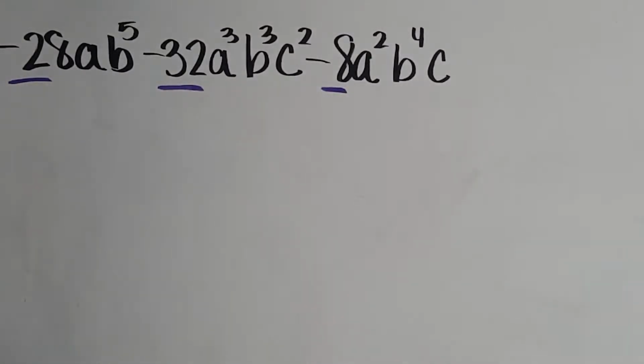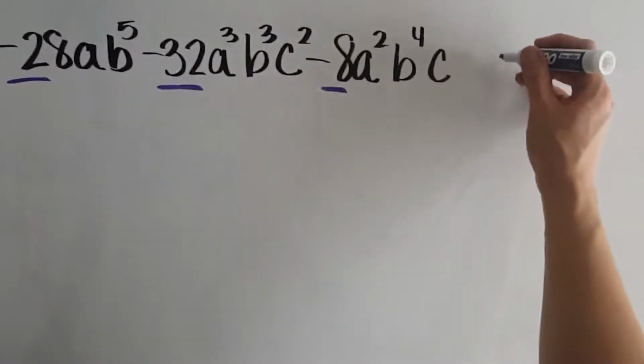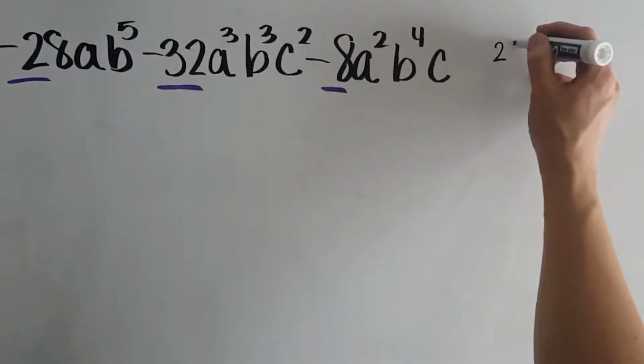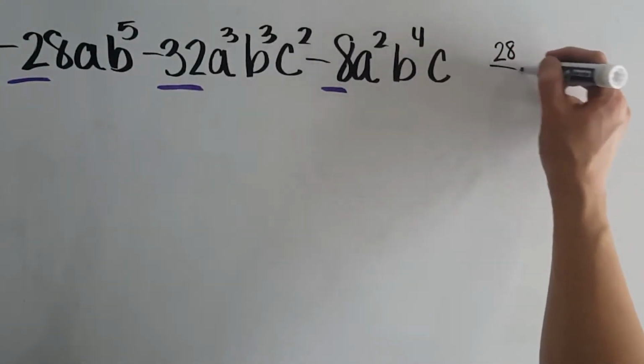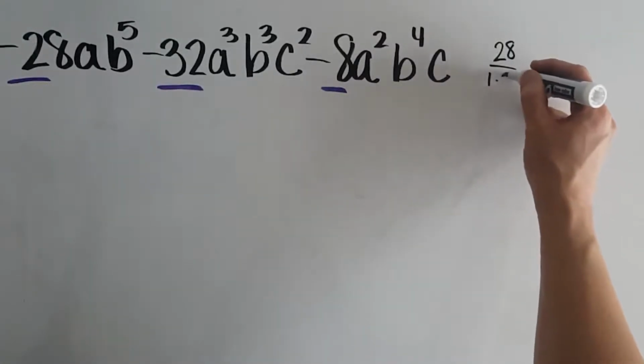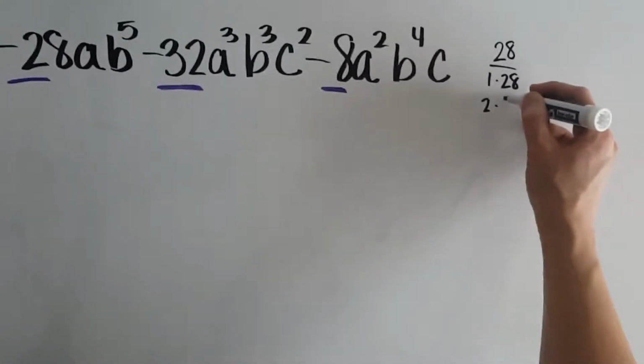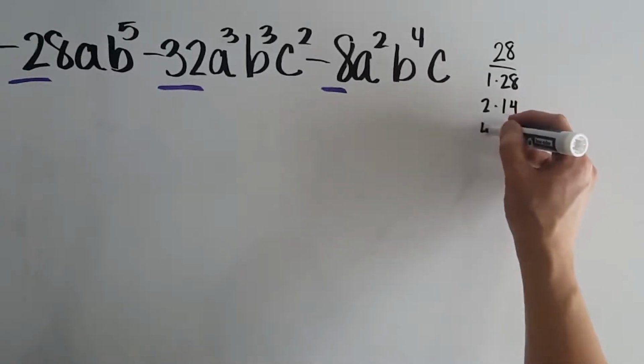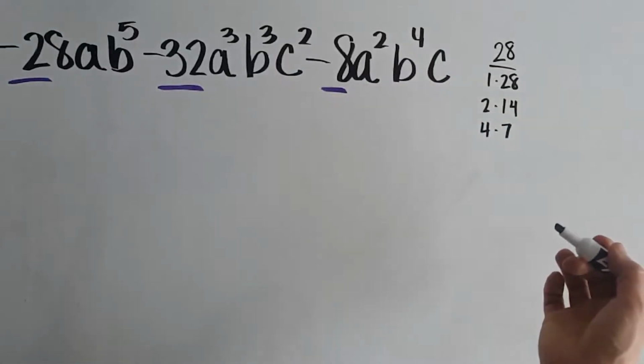If you don't know how to do this quickly, sometimes it's nice to make a list. So off to the side, if I have 28, you can kind of ignore the sign. Some factor pairs of 28 would be 1 and 28, 2 and 14, 4 and 7.